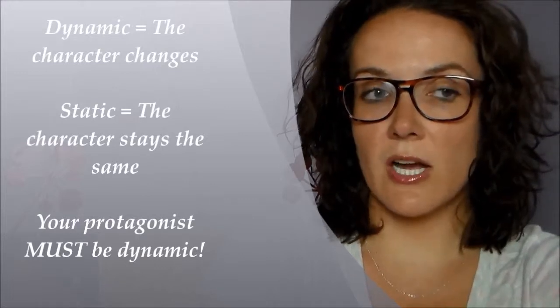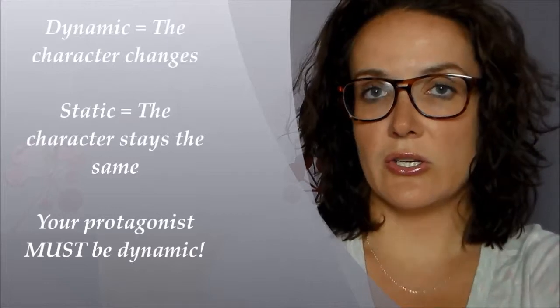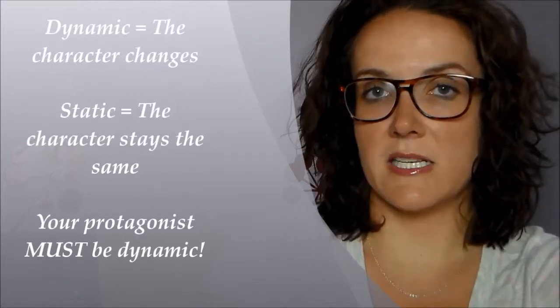For example, in the Lucia Chronicles, Lucia goes from pretty self-doubting and kind of insecure to coming into her own and realizing that she's powerful in her own right and that she is capable and that she can be autonomous and independent and doesn't need a guy or her family. I mean, of course you need your family and your friends, but she realizes that she can stand up on her own two feet. So your characters need to be dynamic. Static just means that the character kind of stays the same.